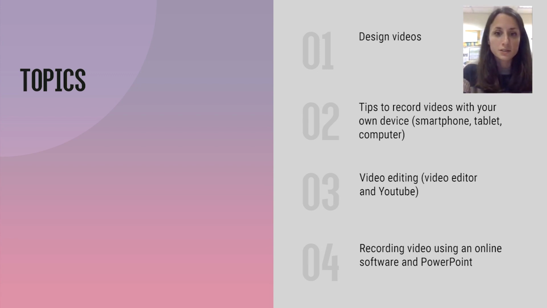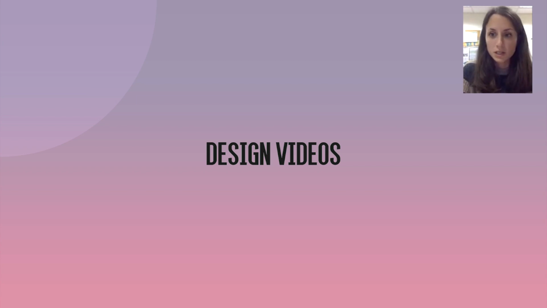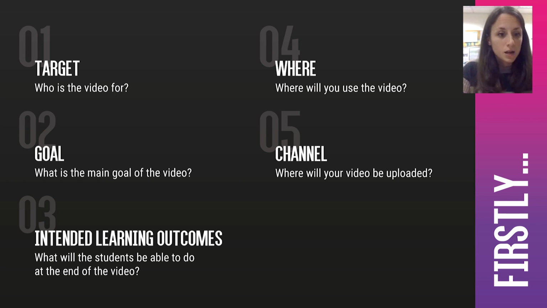Okay, so let's start with the first topic, design videos. First of all, you need to make a video. So you need to record a video. But before that, you need to focus on these 5 really important steps.